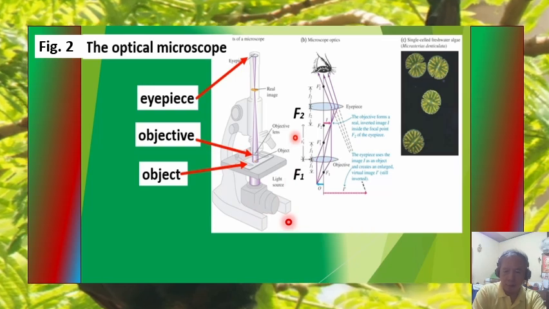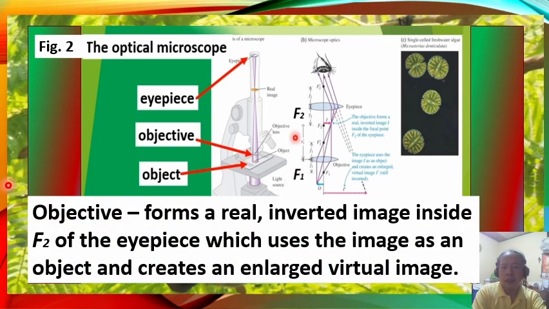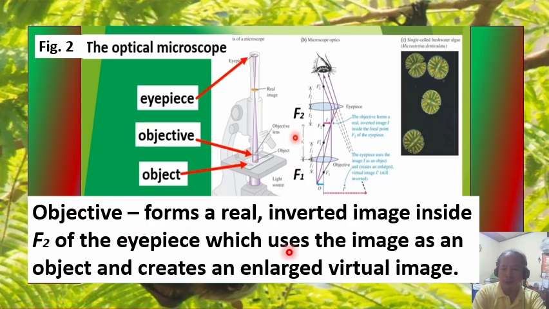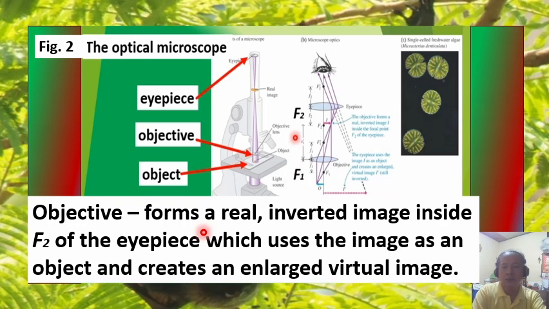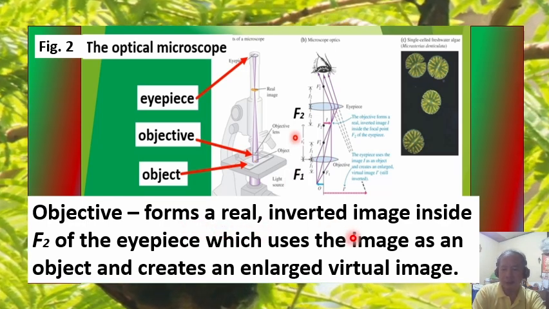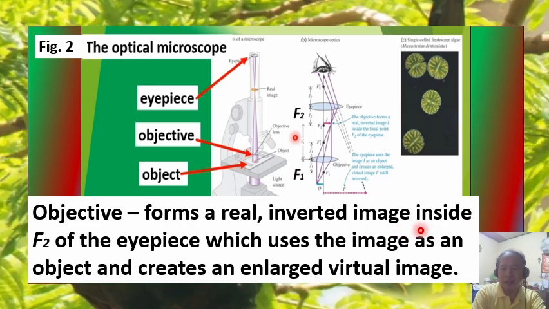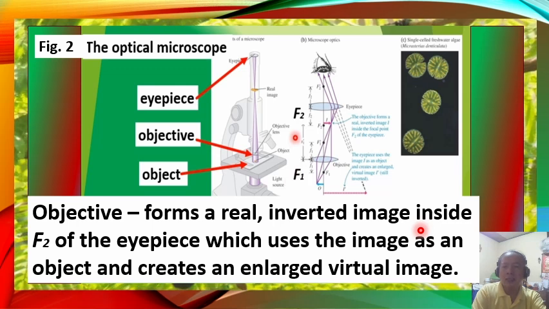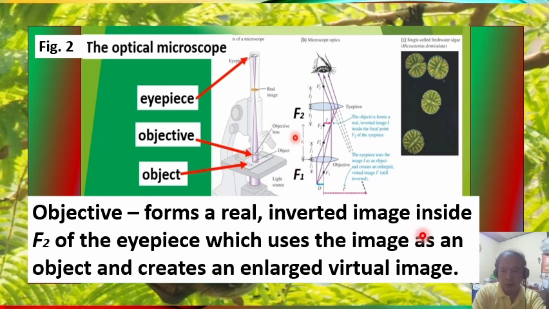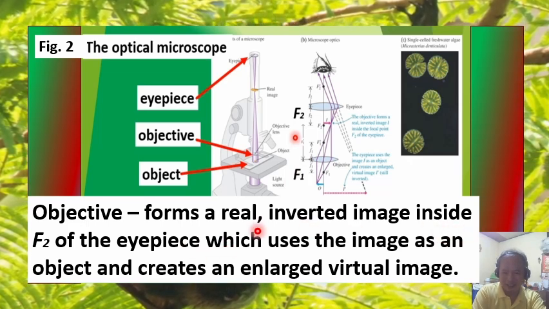And we can say, therefore, in a nutshell, that it is the objective lens of a compound optical microscope that forms the first image, which is considered real, inverted, all right? Because it happens that the first image formed by the objective is located inside the focal point of the eyepiece, all right?